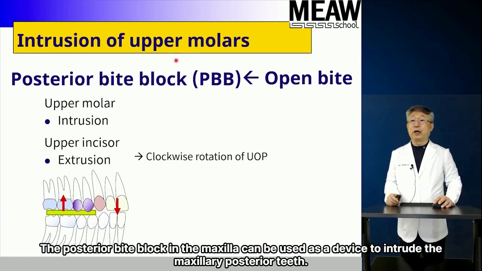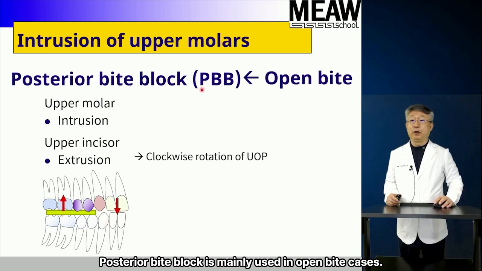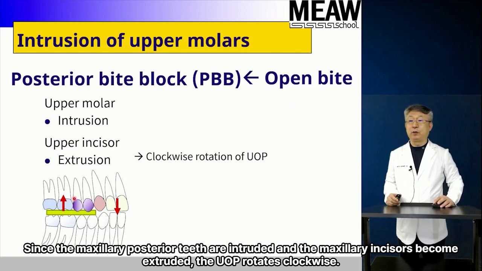The posterior bite block in the maxilla can be used as a device to intrude the maxillary posterior teeth. Posterior bite block is mainly used in open bite cases. Since the maxillary posterior teeth are intruded and the maxillary incisors become extruded, the UOP rotates clockwise.